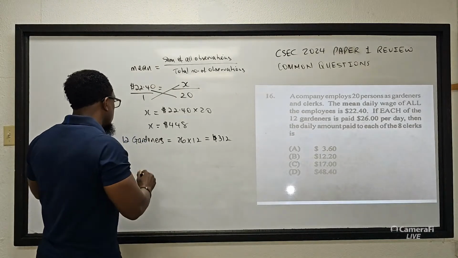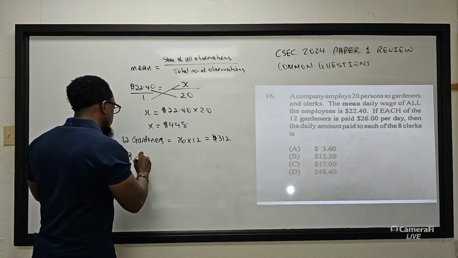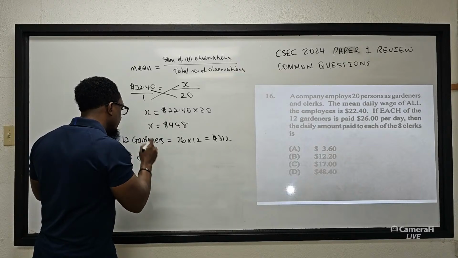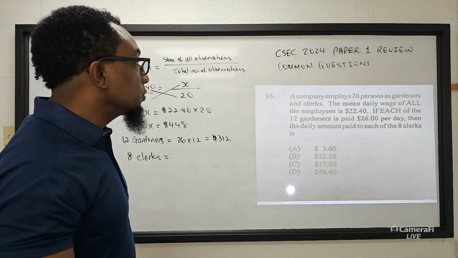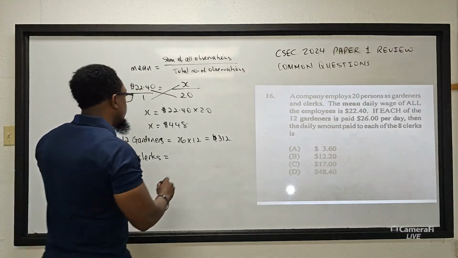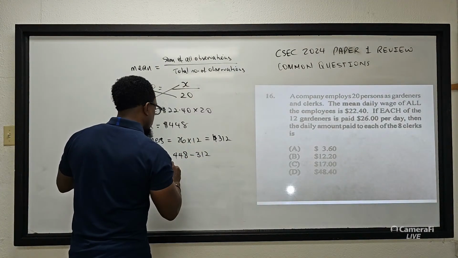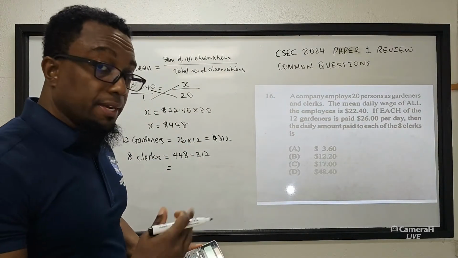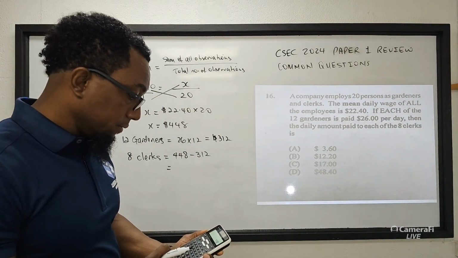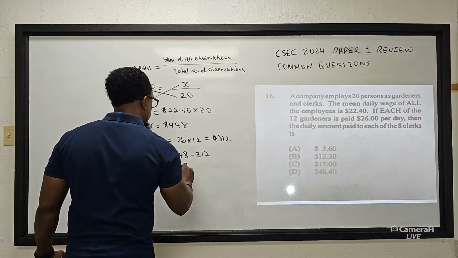So your 8 clerks will be simply to subtract 312 from 448. So 312 from 448 will give us what? This will be for your 8 clerks. That's 136.